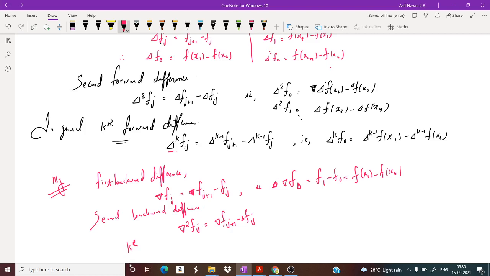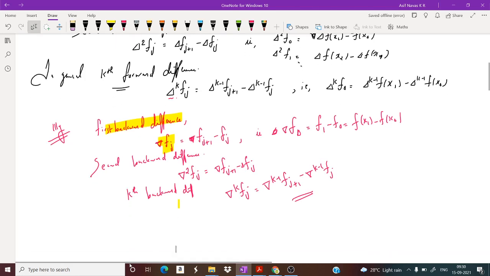And kth backward difference is nabla power k fj is equal to nabla power k minus 1 fj plus 1 minus nabla power k minus 1 fj. So there is no difference, only the difference in the notation. Okay. So these are finite difference, backward difference and forward difference.